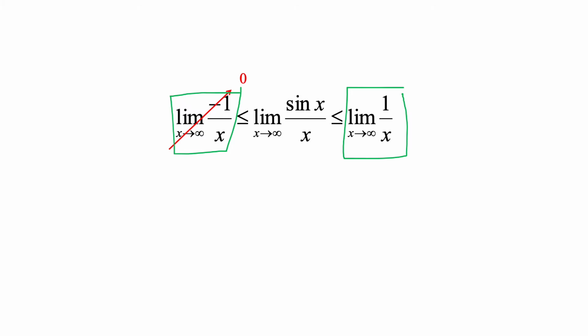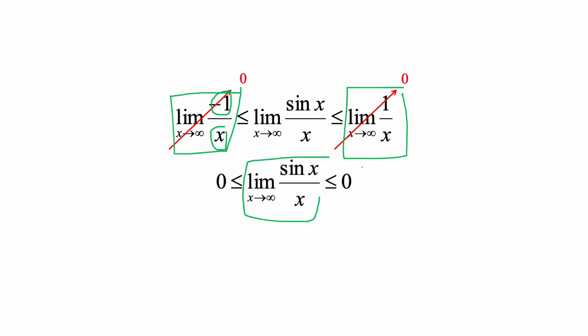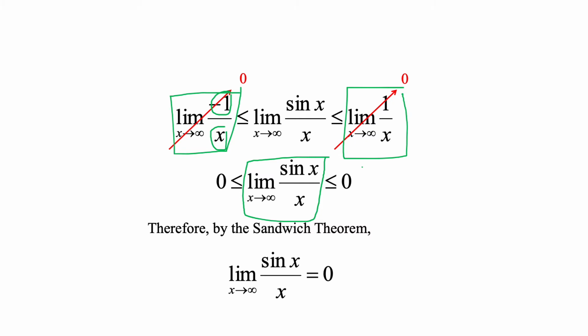Because we learned that for a limit of polynomial over polynomial, we follow the degree. The degree here is less than the degree of the denominator, so the limit is 0. And the other one also is 0. So what we got now is that our limit is between 0 and 0. So we conclude, according to the sandwich theorem, that our limit is also 0.